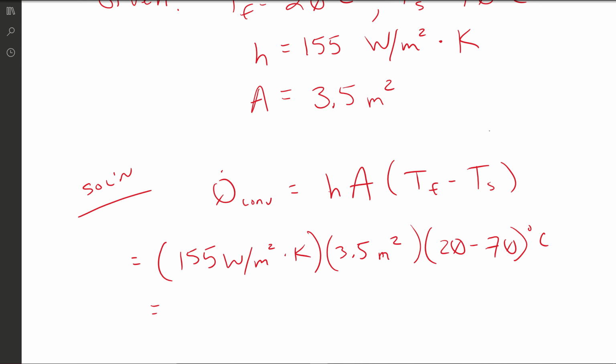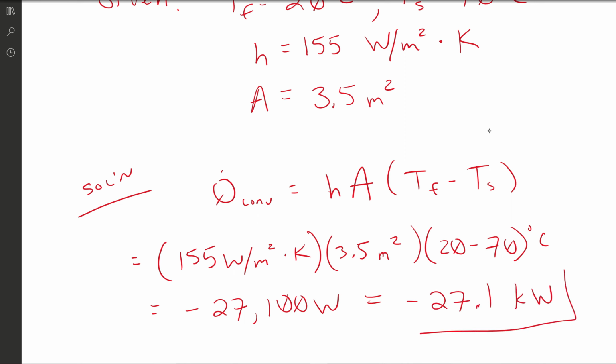Again, just some number crunching in your calculator, and you get about negative 27,100 watts. So for us, that's equal to about negative 27.1 kilowatts. All right, so the negative sign in our answer indicates that the heat is leaving the surface.